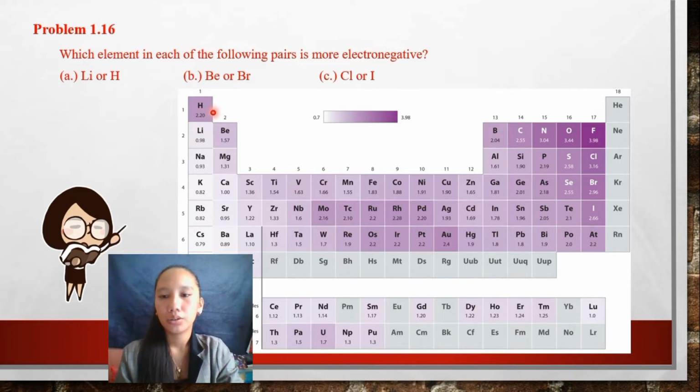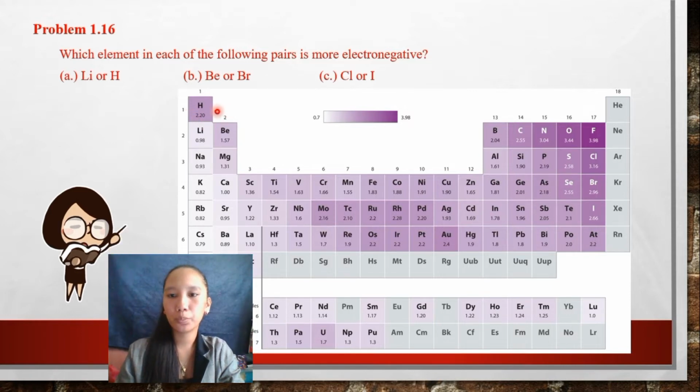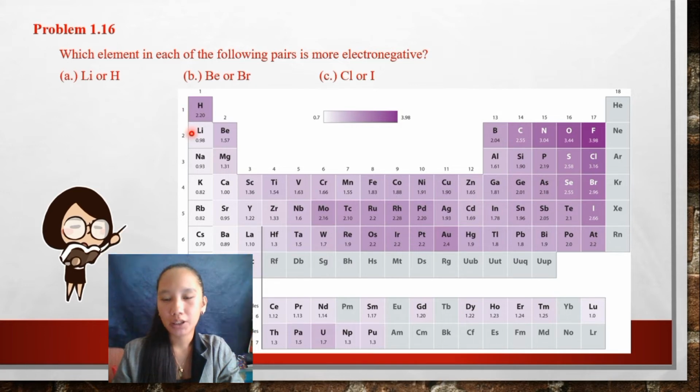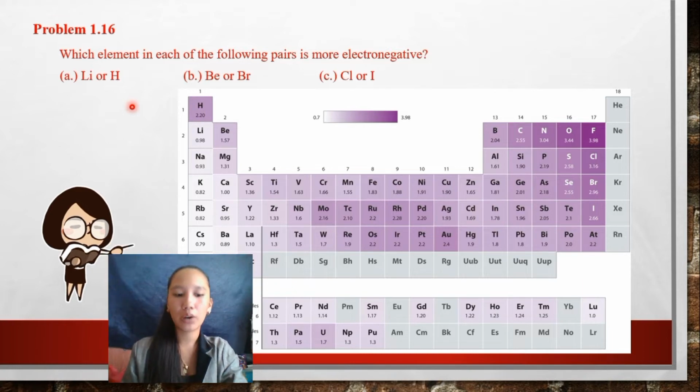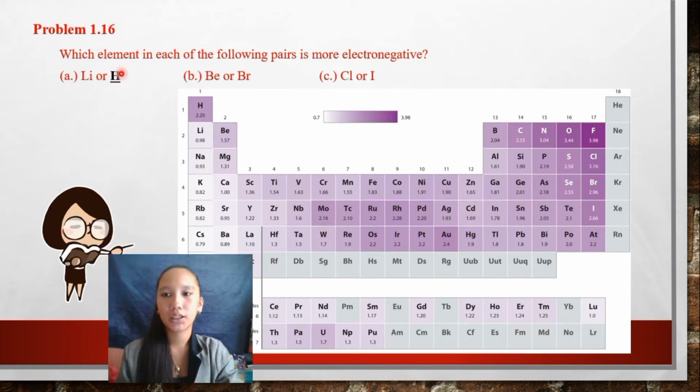Now, we will find their electronegativity values. H's electronegativity value is 2.20 and Li's electronegativity value is 0.98. Comparing these two elements, we can already see that H is more electronegative than Li because of its bigger value. Therefore, our answer in letter A is H.